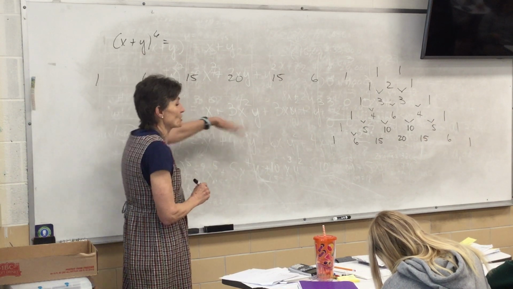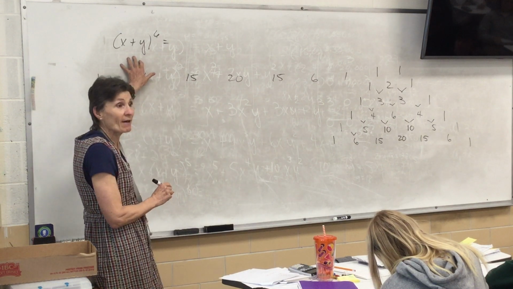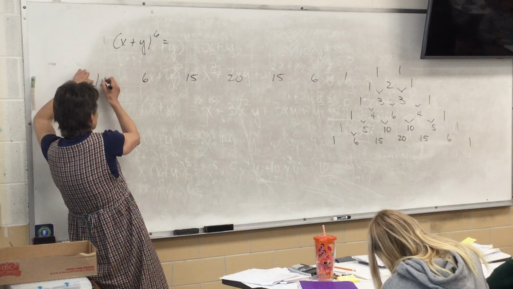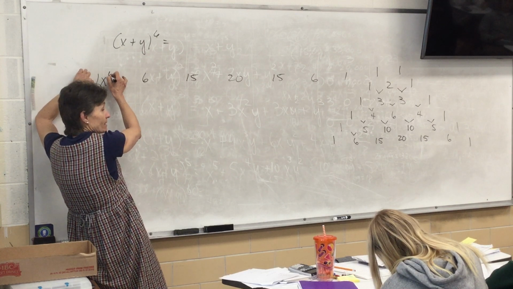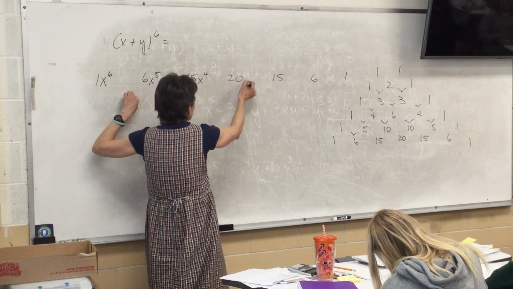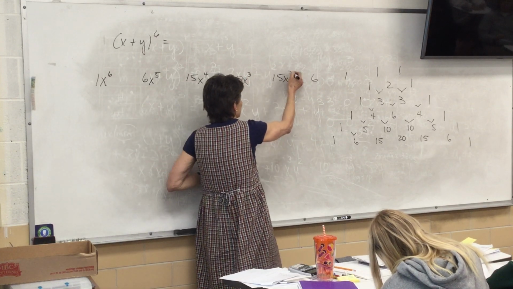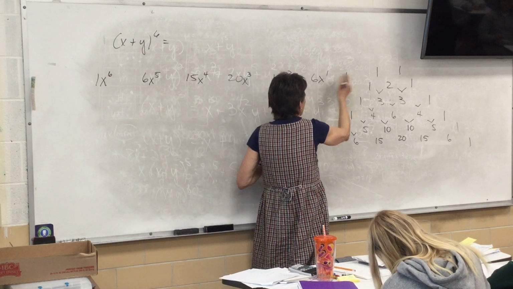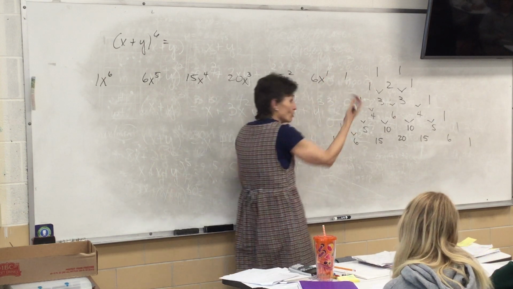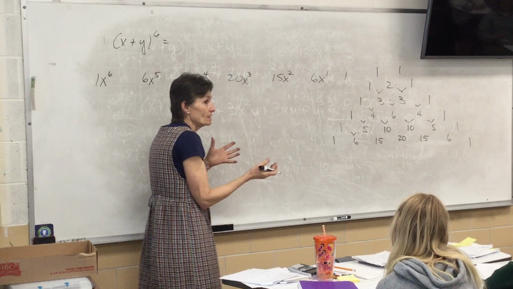Every term is going to have an x and a y in it. This is going to be x to the 6th, 5th, 4th, 3rd, 2nd, 1st. And if you want to write x to the 0, you can, but that last term doesn't have an x.